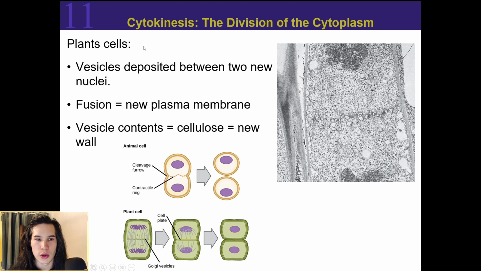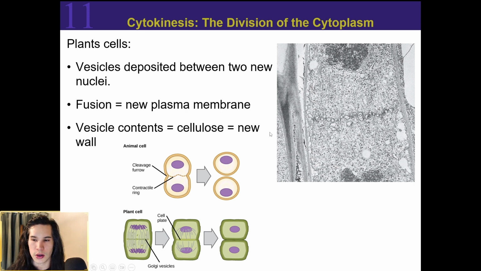All right, so now if we're dealing with plant cells, it's not as simple as just splitting the cytoplasm. You not only have to split the cytoplasm, but you also have to form new cell wall in between those cells. What happens is you will deposit vesicles between the two new nuclei, and those vesicles will be carrying cellulose.